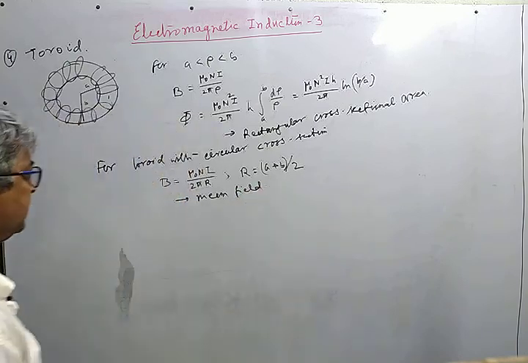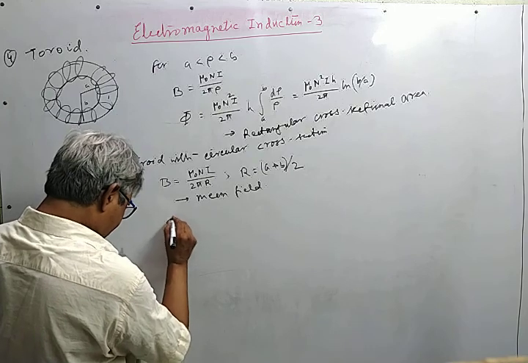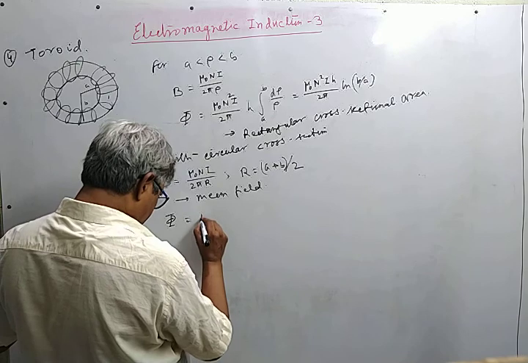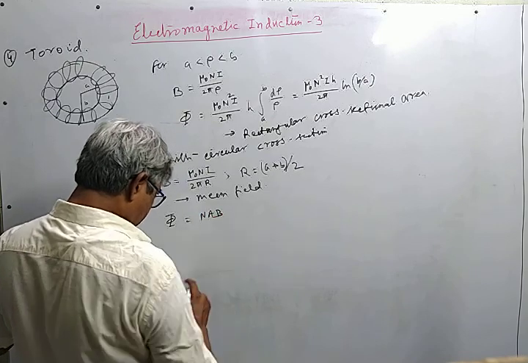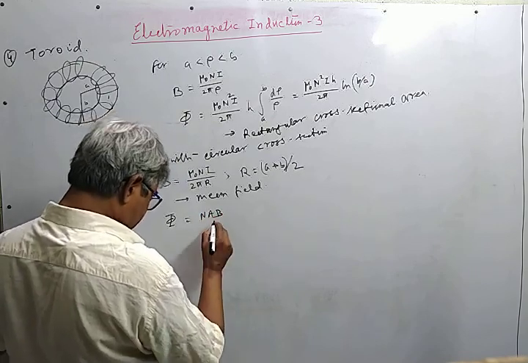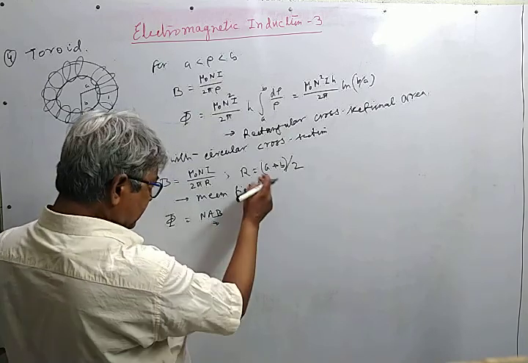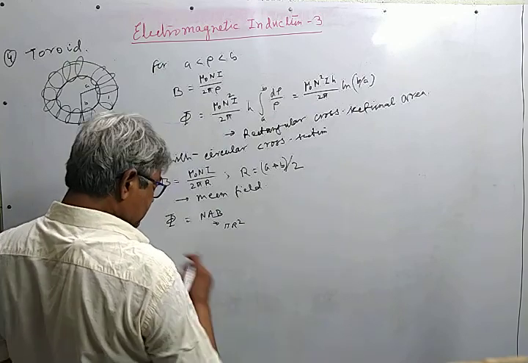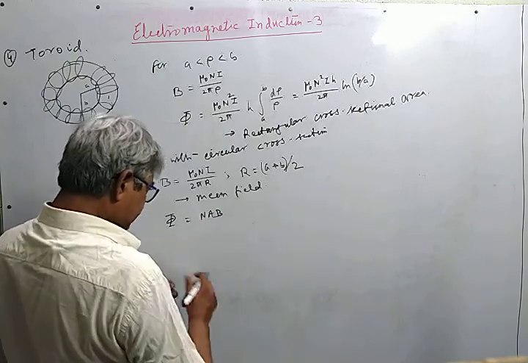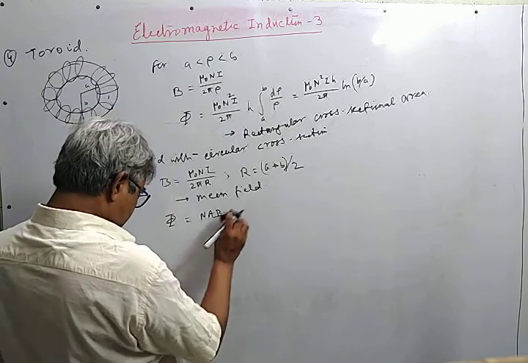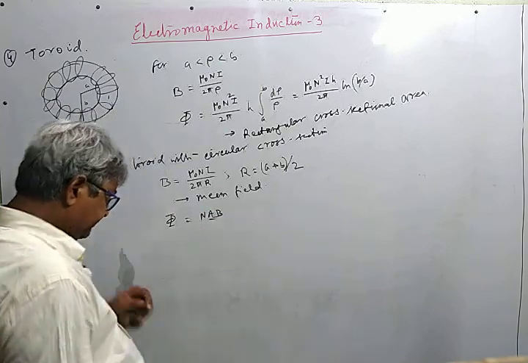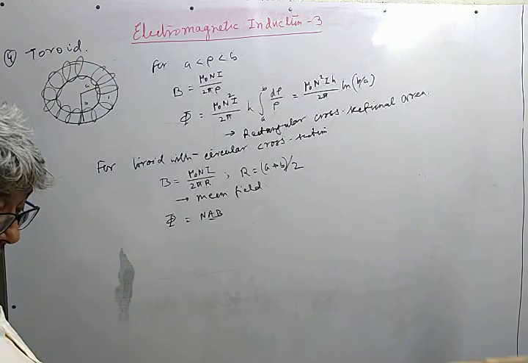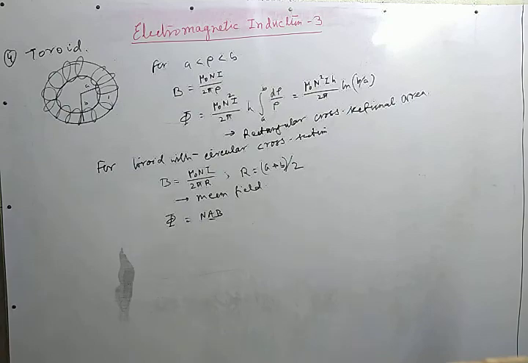And if we multiply it, phi is equal to N A B. N is the number of turns, A is the cross-sectional area. This is the cross-sectional area. And we get the corresponding expression for the self-inductance. Now I am going to the mutual inductance.